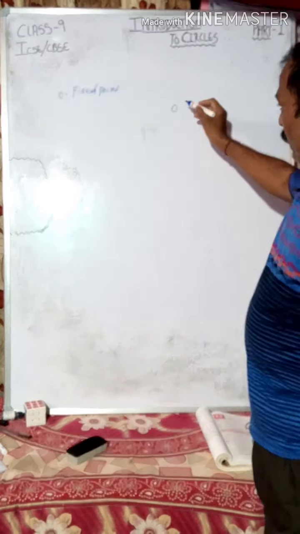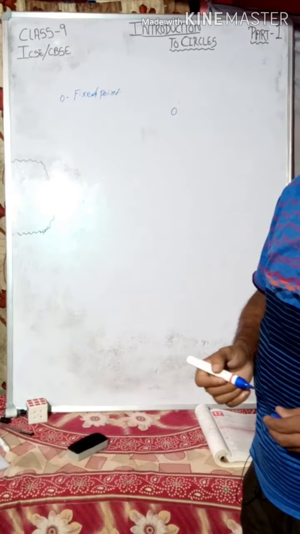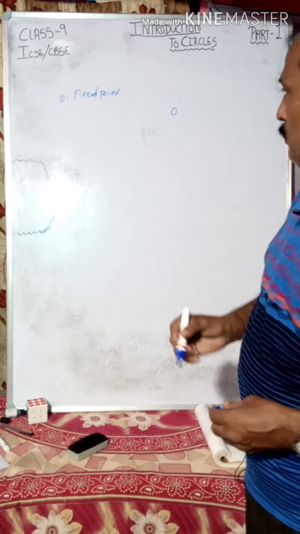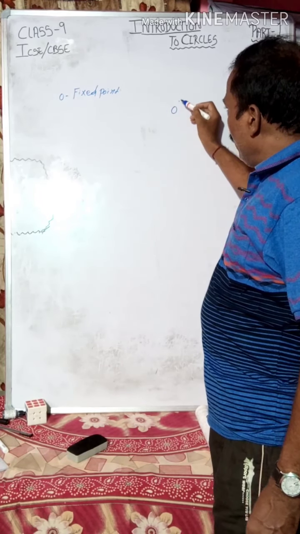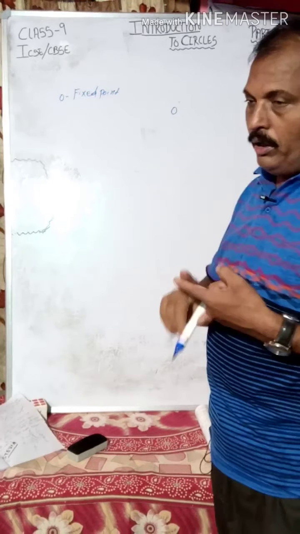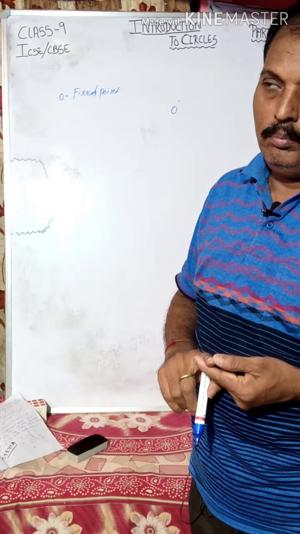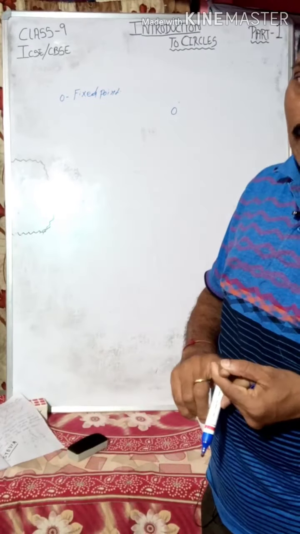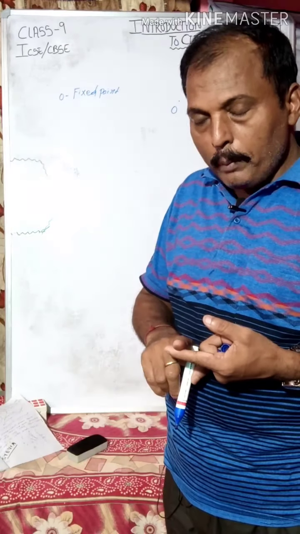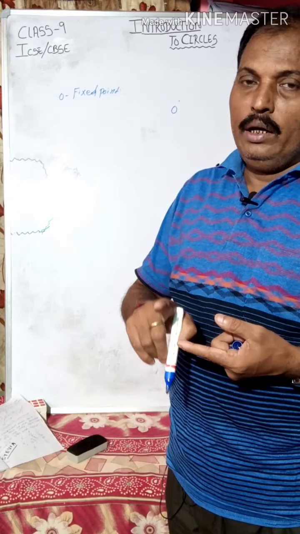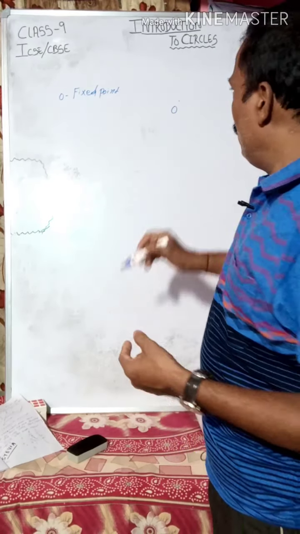Now, a circle is a closed curve around a fixed point at equal distance. It means a set of points around a fixed point with equal distance is called a circle.